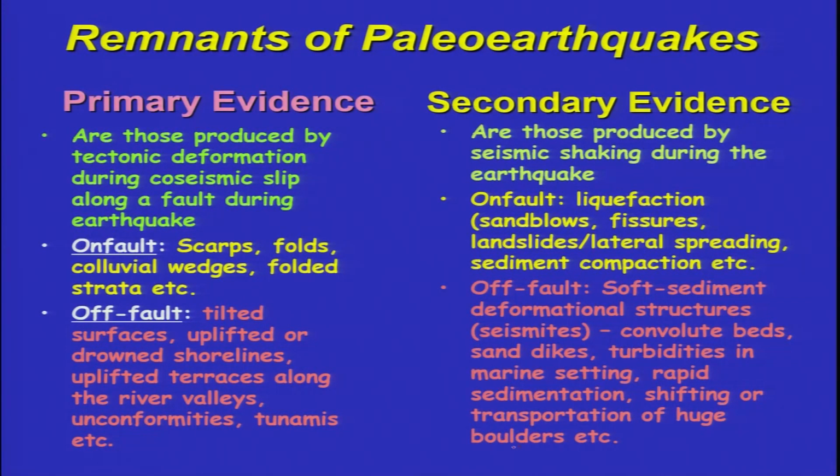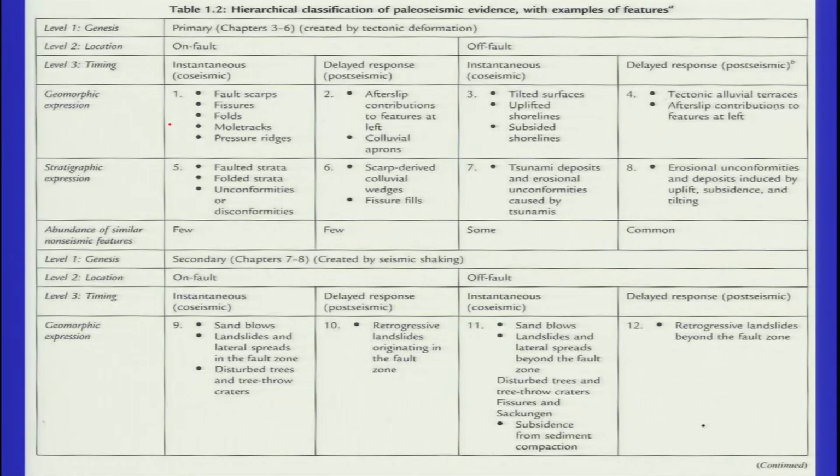This you will be able to see along the slope of any region, or you will also see the transportation of huge boulders which are related to tsunamis. So, we will keep in mind, when talking about on fault and off fault evidence, whether they are secondary or primary signatures.